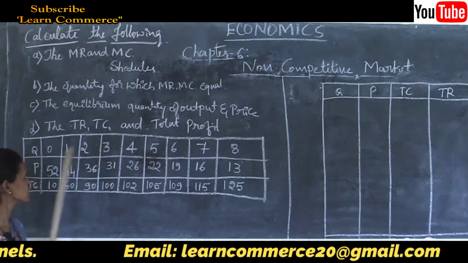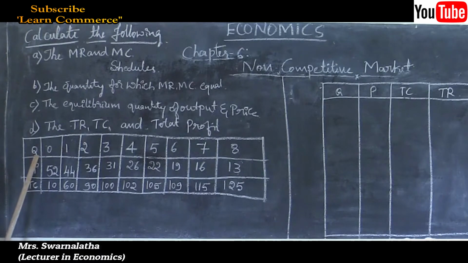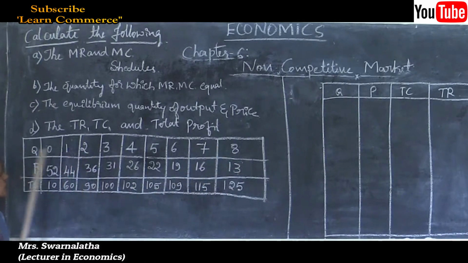The question is given here. This is the calculation given here. Quantity produced is 0, 1, 2, 3, 4, 5, 6, 7, 8 units.